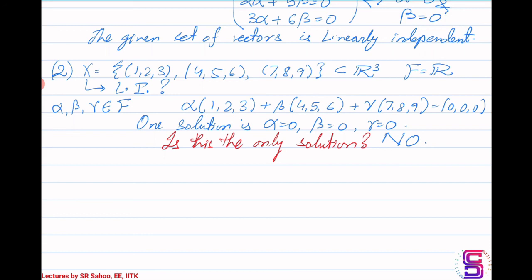One possible solution that you can think of so that the sum of scaled vectors is 0 is you set alpha equal to -1, beta equal to 2, and gamma equal to 1.